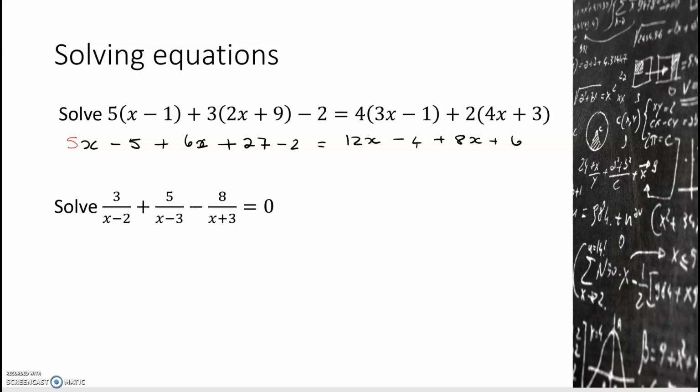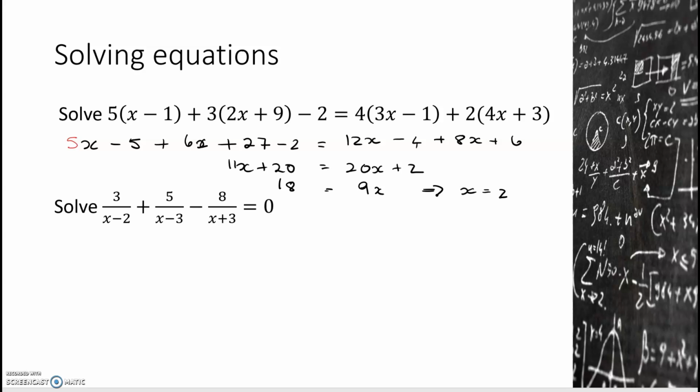And if you rearrange that, you can simplify the left-hand side. So you've got 11x plus 20 is equal to 20x plus 2. And take away 2 from each side, so we've got 18 is equal to, take away 11x from each side, so that's 9x, then divide both sides by 9, so x equals 2. Make a point of checking.